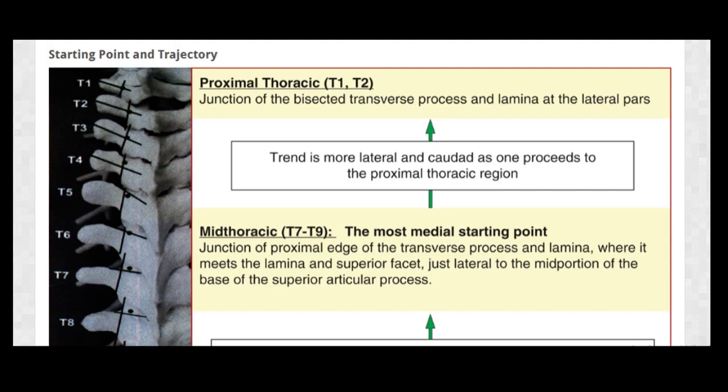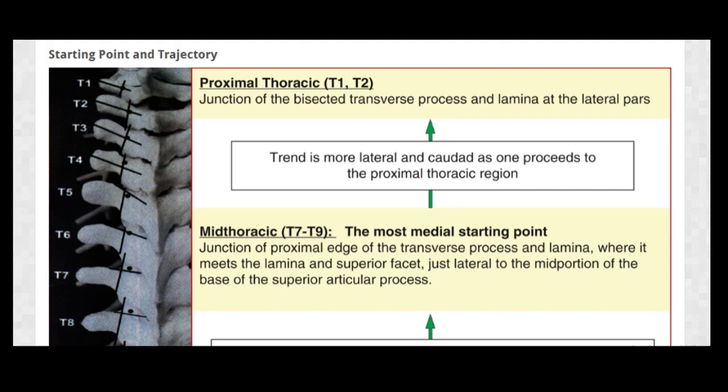T5 to T9, the entry point is along the superior margin of the transverse process, and T6 and T9 are more lateral, and in the middle, that is 7 and 8, there are slightly medial entry points.